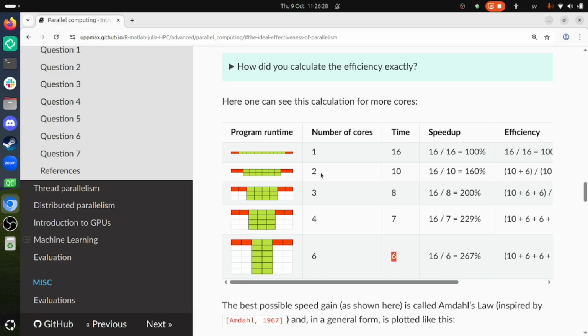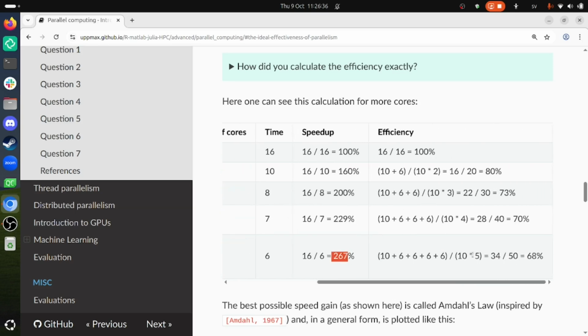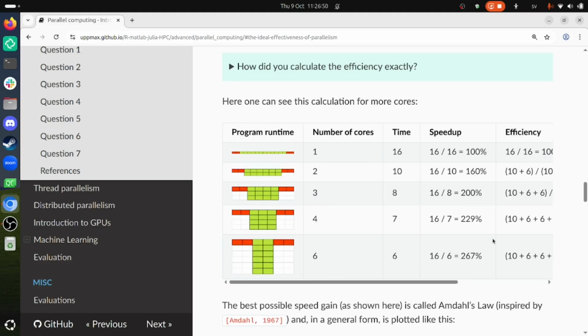So that means that we can achieve a speed up of around 270%, but our efficiency drops from 100% to 68%. And we can see that this value goes down. So although we are getting more and more speed up, we also get less and less efficient use of our resources.